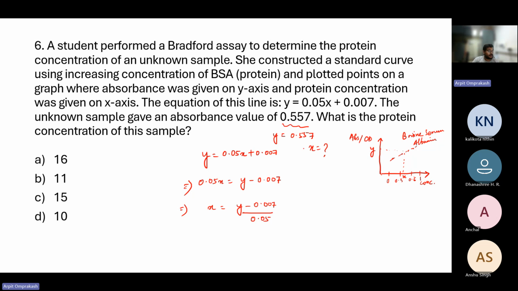And now we know that y is equal to 0.557. So x will basically be equal to 0.557 minus 0.007, divided by 0.05. So there will be option B, 11. Okay.